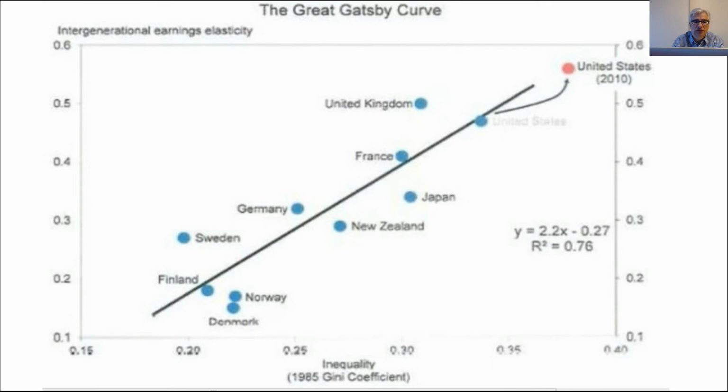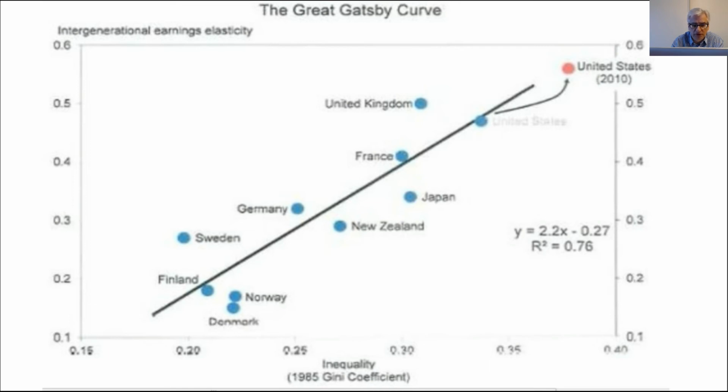Have a look. This is the so-called Great Gatsby curve. Great Gatsby. You may be familiar with the book by Scott Fitzgerald, or with the movie with Leonardo DiCaprio starring as Great Gatsby. Look at the graph. There are some countries where intergenerational earnings elasticity is pretty low.